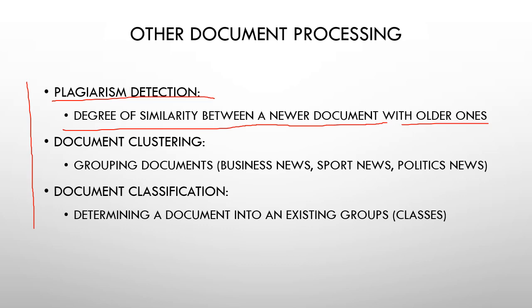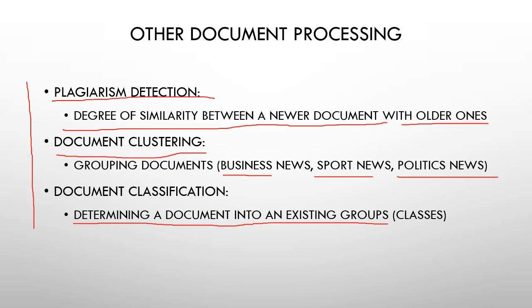Then another application is document clustering. We group documents into particular groups. For example, from the internet, we could collect business news, sport news, political news, and so on. We could also do classification. Classification is not grouping, but determining which existing group a document belongs to.